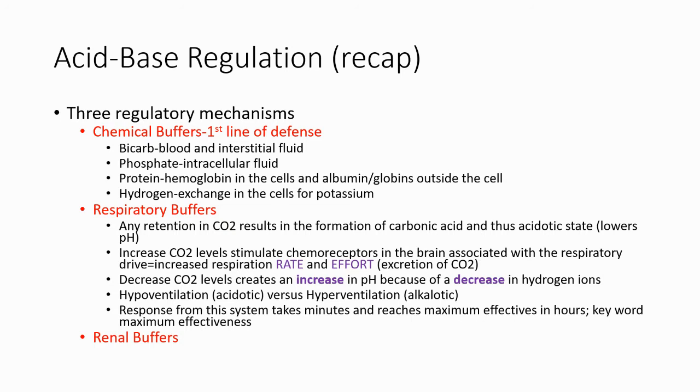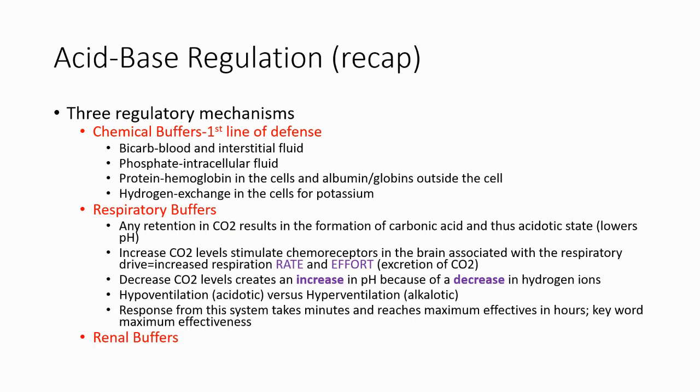The regulatory mechanisms react at different speeds. The buffers react immediately. The respiratory system responds in minutes and reaches maximum effectiveness in hours. And if there is a respiratory problem that is the cause of an acid-base imbalance, for example, respiratory failure is a good example, the respiratory system loses its ability to correct the pH alteration.